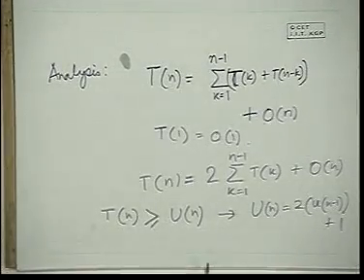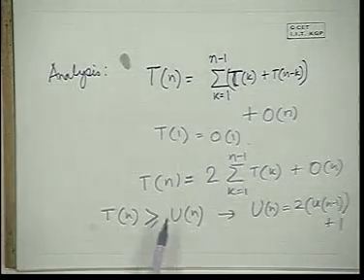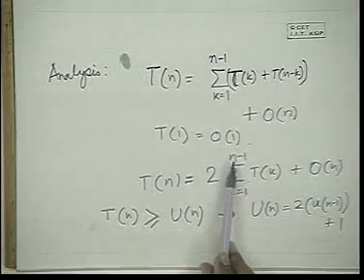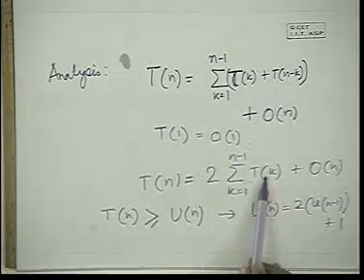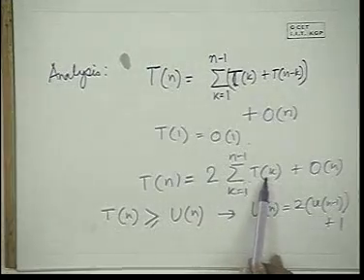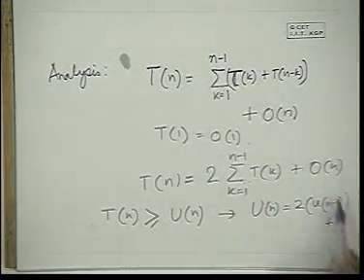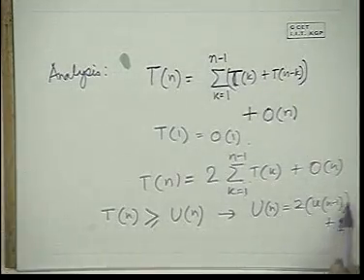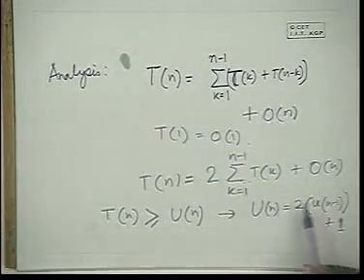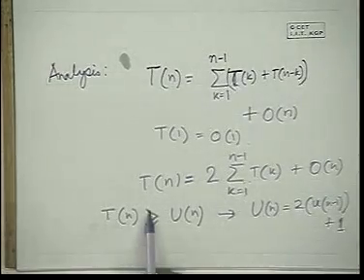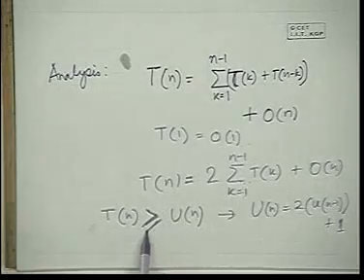Can you see why I can say T(n) is greater than U(n)? There is a summation k equal to 1 to n minus 1. I'm just taking the last term, T(n minus 1). So I can always say T(n) must be greater than or equal to 2 T(n minus 1) plus order of n. Order of n I have replaced by order of 1 actually. So this is a very bad estimate, but it is greater than or equal to, not less than or equal to.